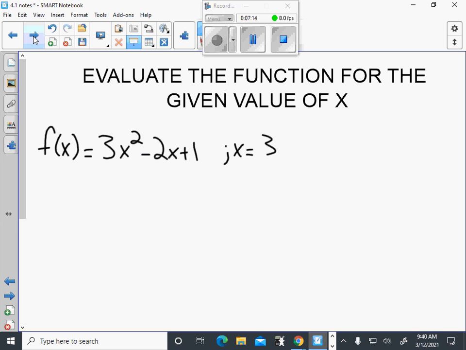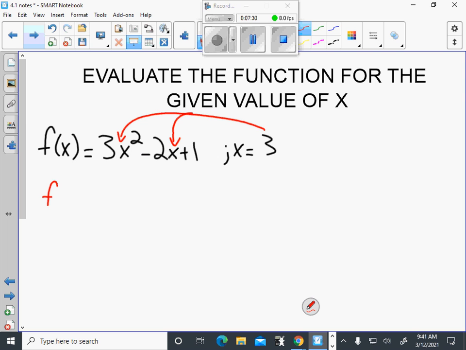Next on the notes. Evaluate the function for the given value of x. All we do is take our function here, and we're just going to plug 3 in for x. So f of 3 is equal to 3 times 3 squared minus 2 times 3 plus 1.